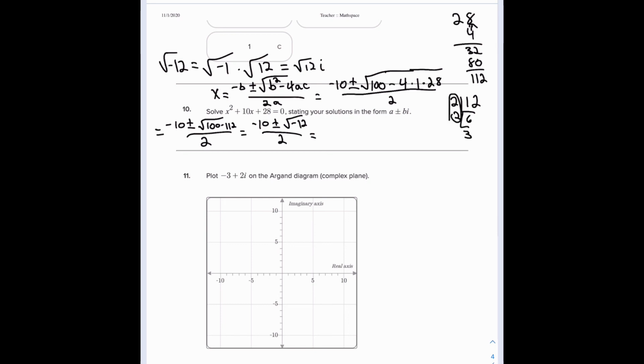So radical 12 is equal to 2 radical 3. Therefore, we have negative 10 plus or minus 2 radical 3 i all over 2. Then we divide out the 2 for each. So we have negative 5 plus or minus radical 3 i is our answer.